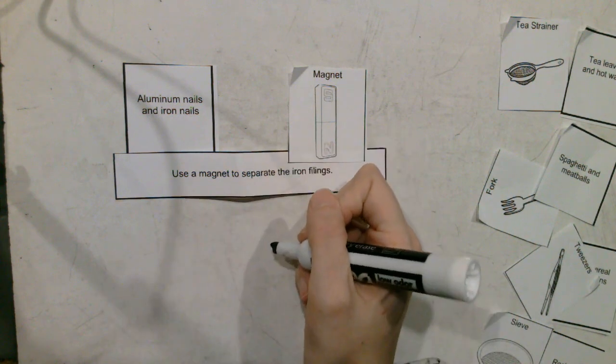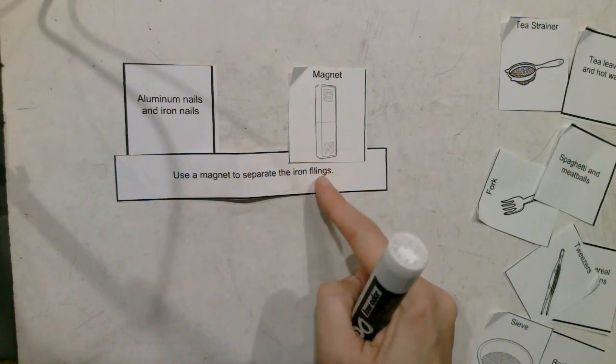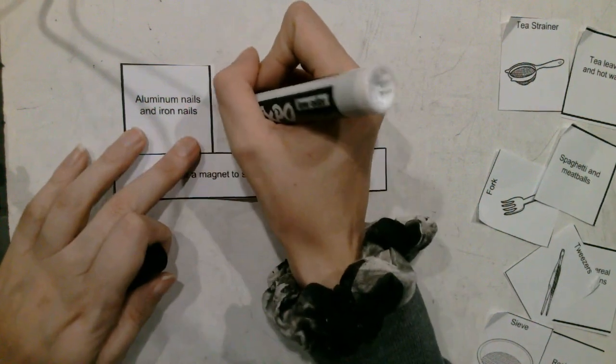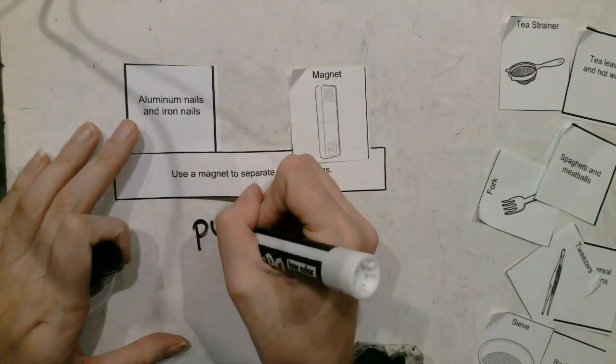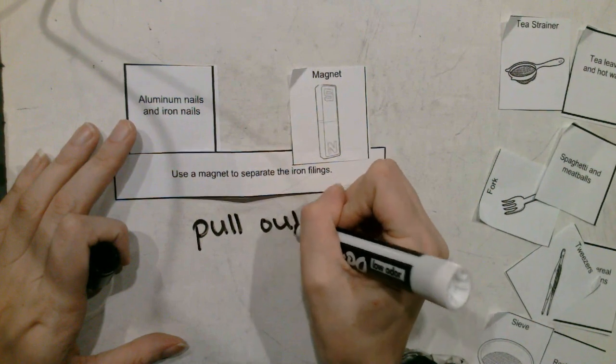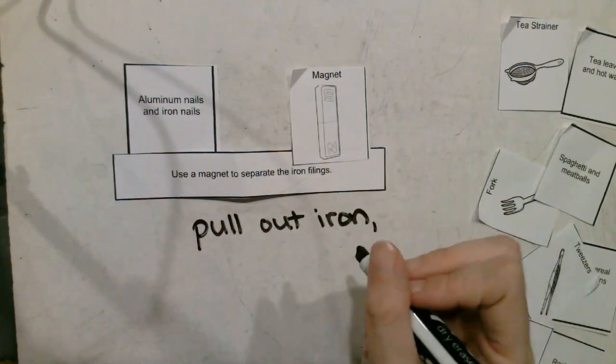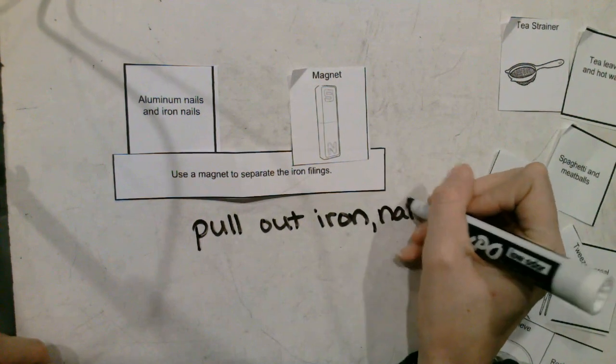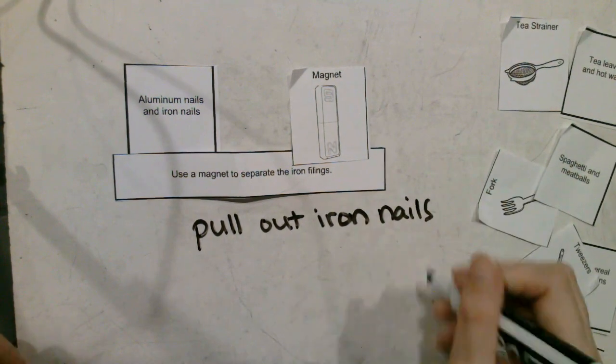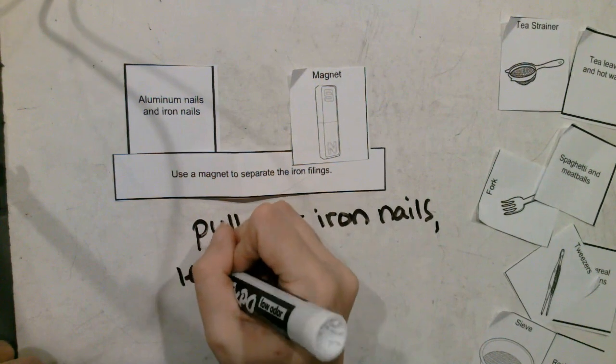So we could separate them using a magnet. It would pull out the iron nails, and that would leave us with our aluminum nails.